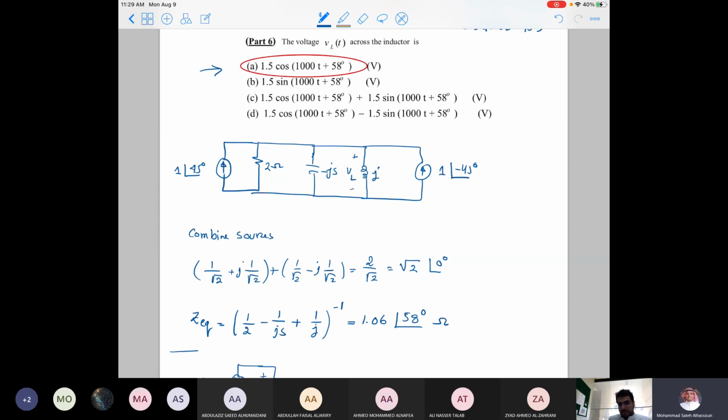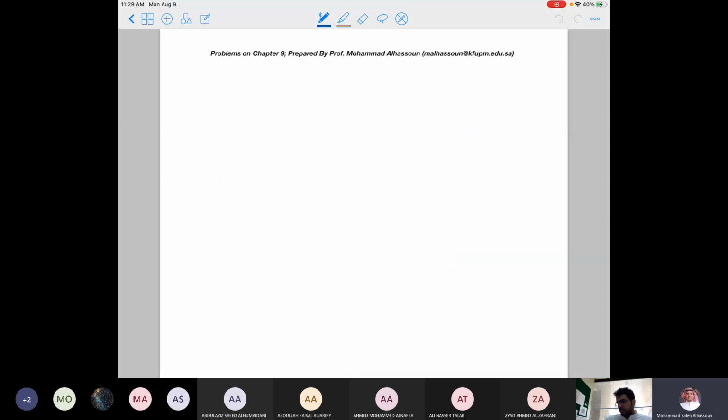Doctor, how do I convert from rectangular to polar? Your calculator can do that. If you want to do it manually, then you use rectangular to polar. In polar you need an amplitude, so the amplitude will be this one.